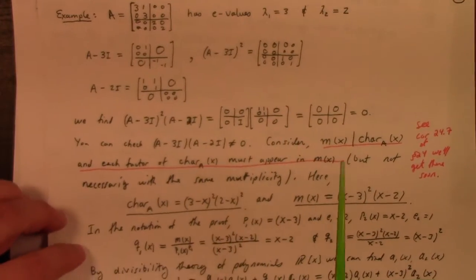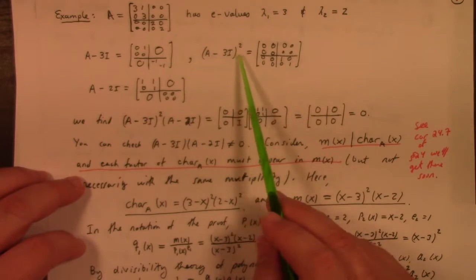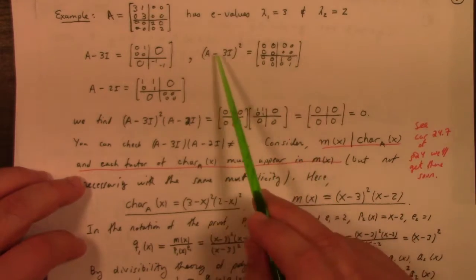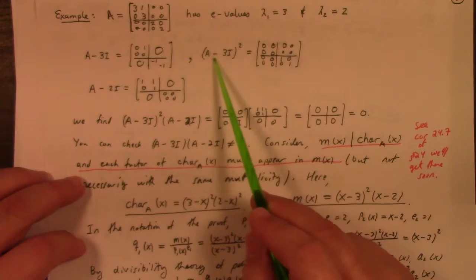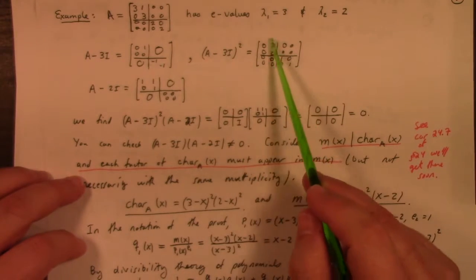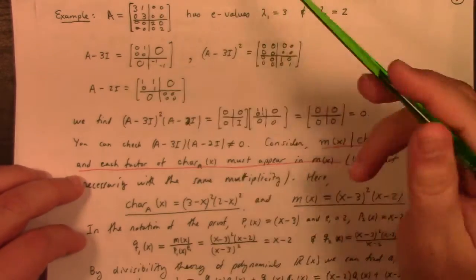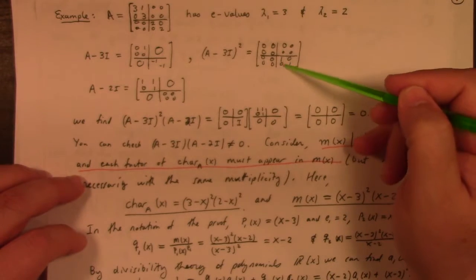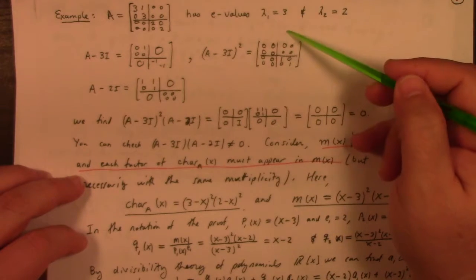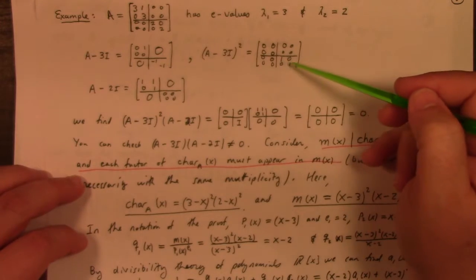If we go back to this one, a minus 3i squared, if you want to take a vector that makes this multiply to 0, basically you can put anything you want in the first two components, right? When you multiply, the first two columns being 0 will just go to 0. On the other hand, if there's anything nontrivial in the third or fourth components of the vector, it's not going to give you 0.